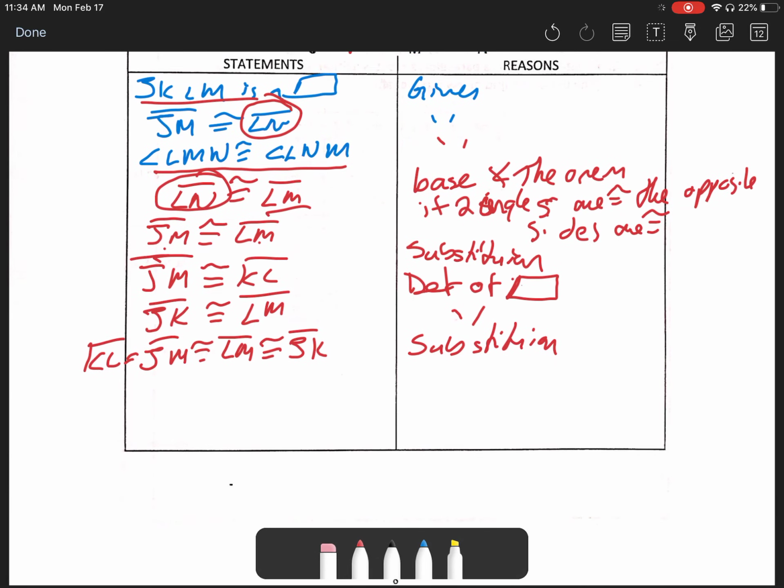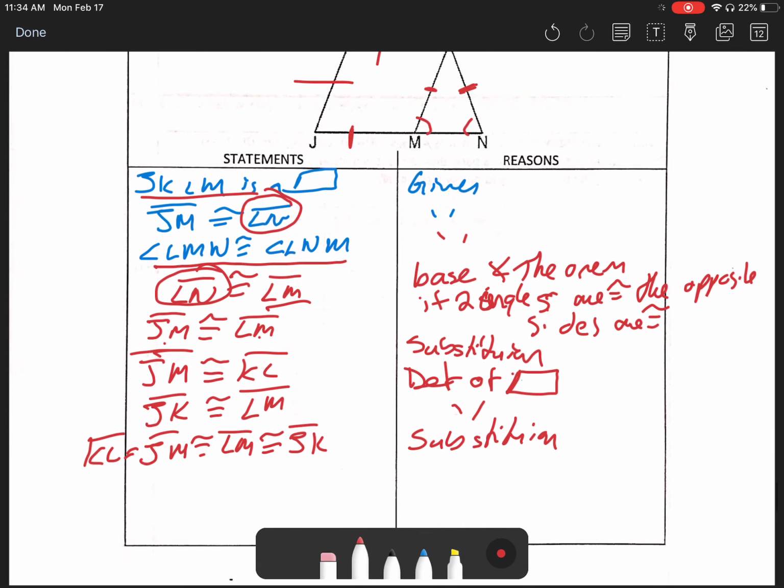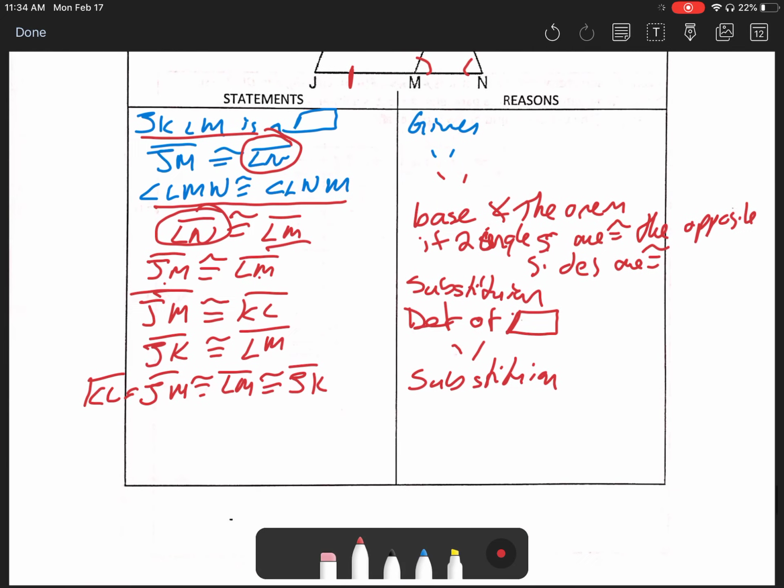So then I know that our figure JKLM is a rhombus. Definition of a rhombus, because you've proven all four sides.